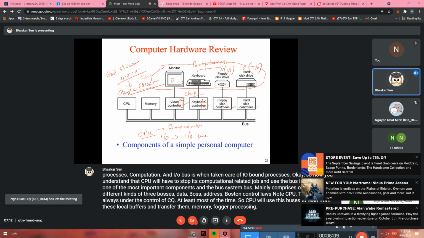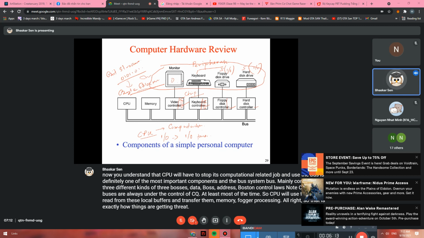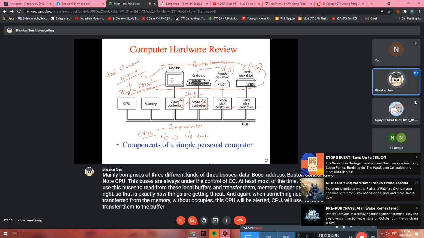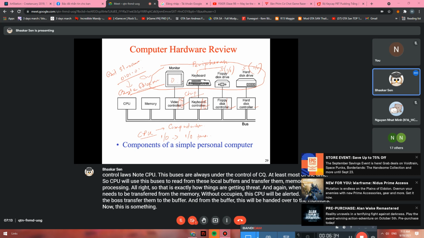That is exactly how things interact. And when something needs to be transferred from the memory to the output device, the CPU will be alerted, use the bus, transfer the data to the buffer, and from the buffer it will be handed over to the monitor. Now, this is something very brief but important for us to understand.